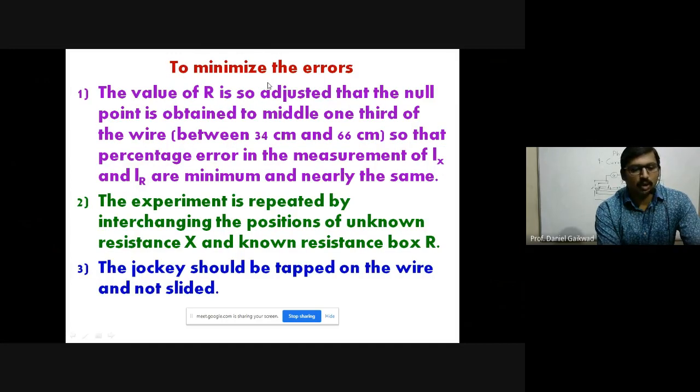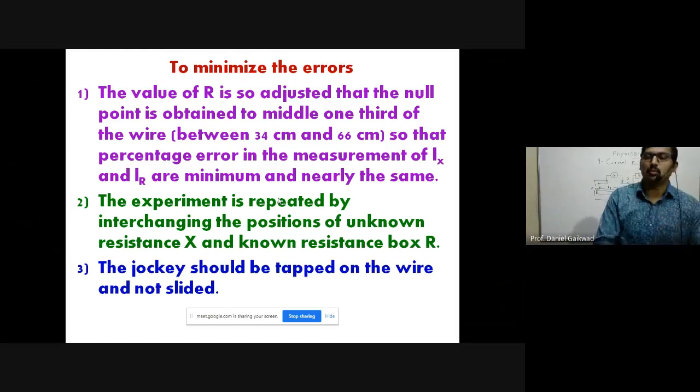So to minimize the error, we have the first, second and third point. First point, we begin with the value of R so adjusted that the null point is obtained in the middle one third of wire. Null point means galvanometer shows zero deflection. So that zero deflection point should be at one third of the length.